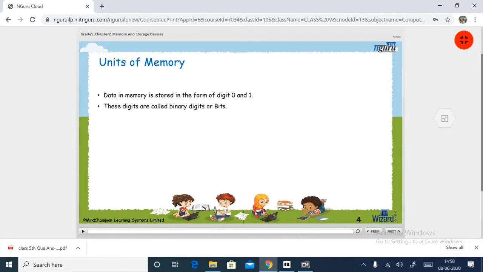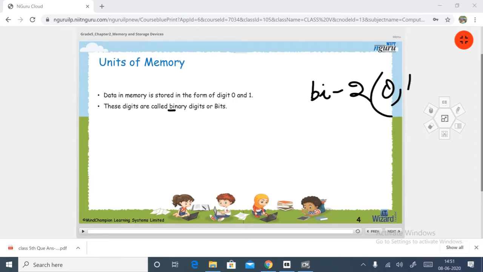These digits are called binary digits or bits. Bi means 2, like 0 and 1.